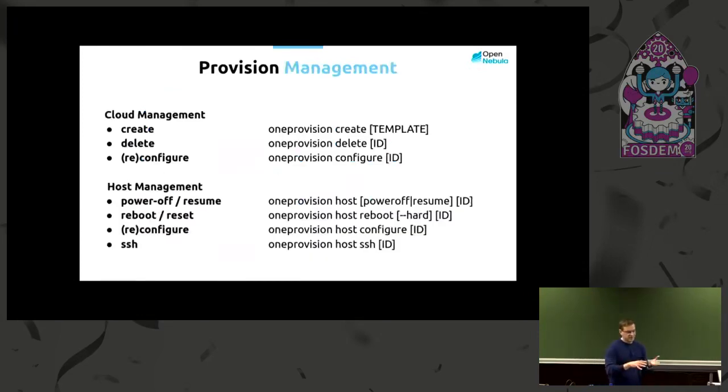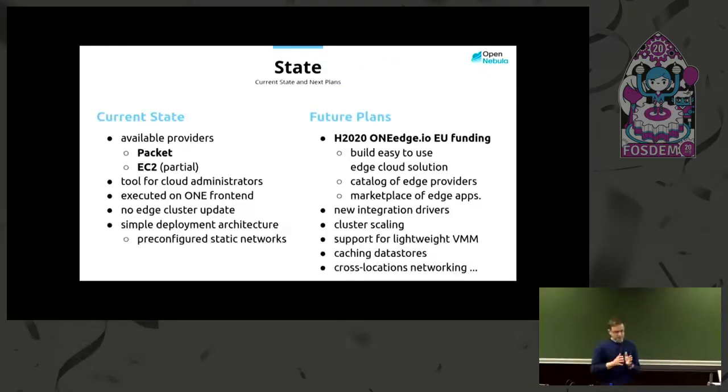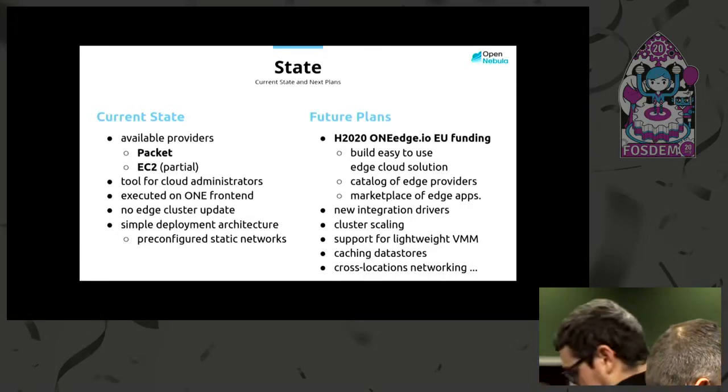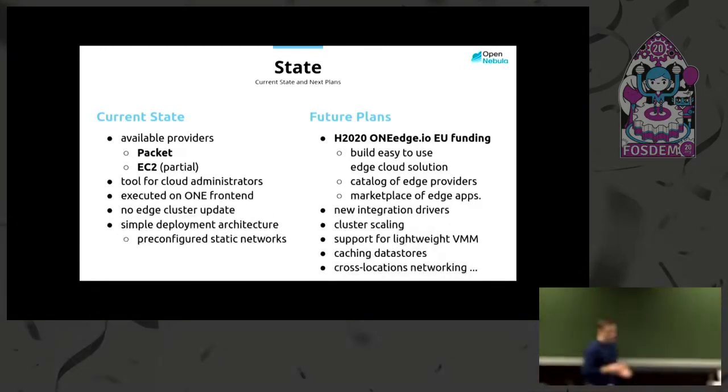Management features of this tool are very simple, very limited. It can create an edge cluster and destroy the edge cluster, and the other options are more host focused: power off, reboot, resume, and so on. So to summarize the current state, we have, I would say, a good integration with the Packet provider, and we have some partial integration with EC2.